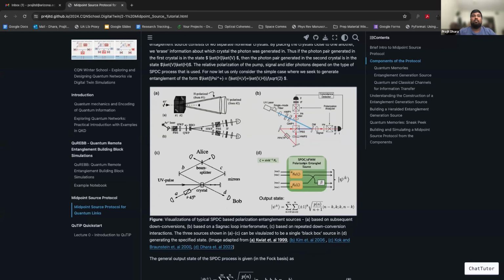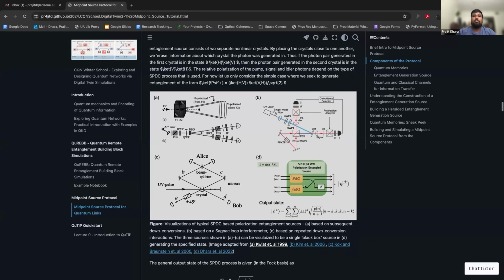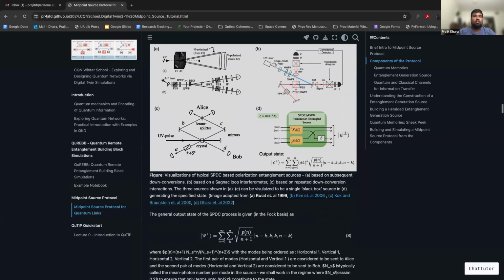In general, the SPDC process can be understood to comprise two mode squeezing processes, and the two mode squeezing processes generate a superposition of states in which the photon numbers are correlated between the two outgoing modes. By erasing the path information internally, with some phase over here, the output state can be written as psi plus or minus, with the following expression in the Fock basis.